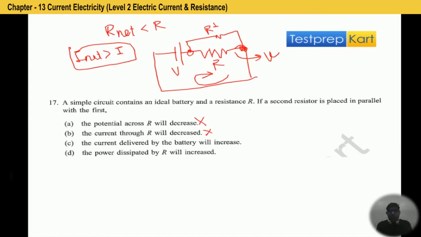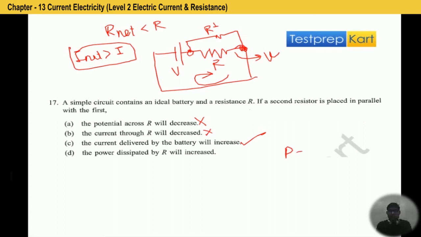Next, the current delivered by the battery will increase. If the total resistance is less, then definitely the current delivered by the circuit will increase. Power dissipated by R will be increased. The potential difference remains the same across these elements, and the total voltage also remains the same.